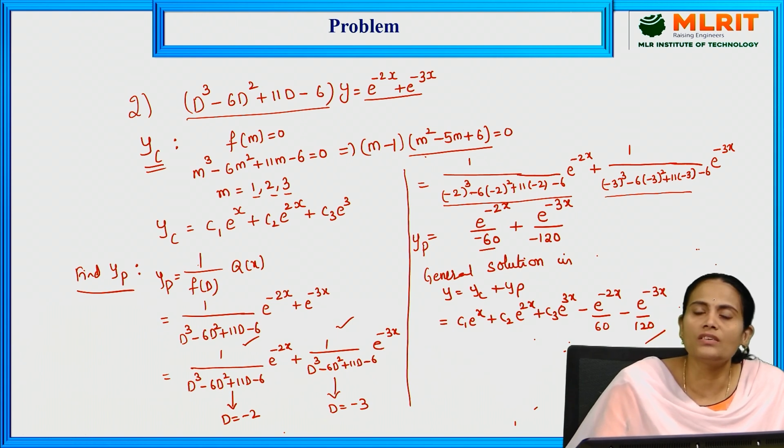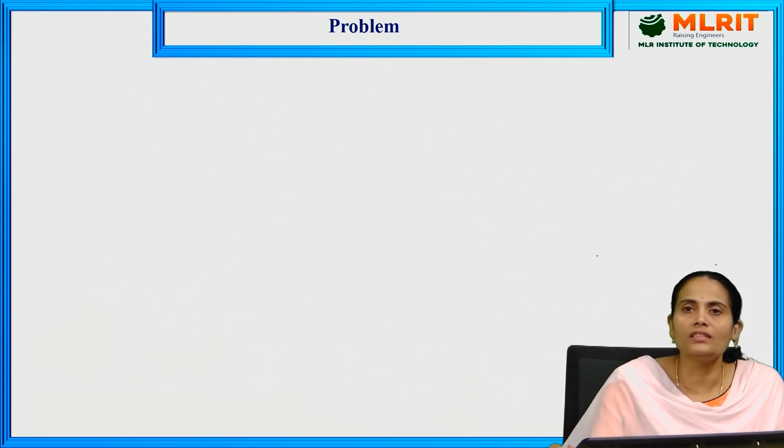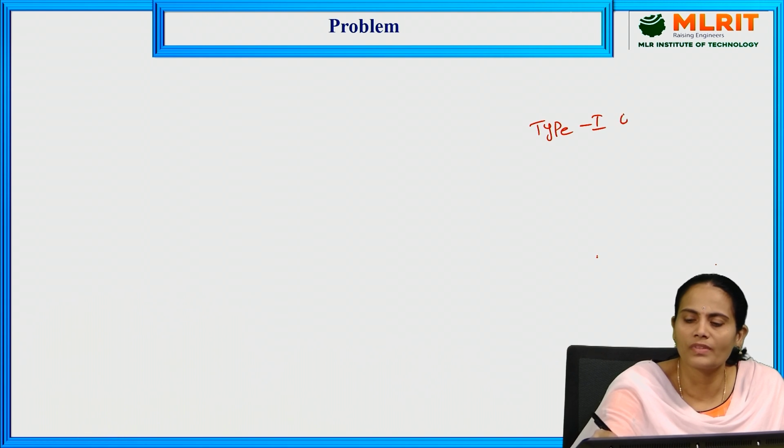This is the way to find the general solution of linear differential equations which are non-homogeneous with constant coefficients. Today in this session we discussed type 1 of particular integral, where Q(x), or f(x), is equal to e power ax.